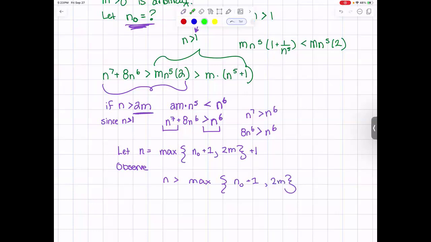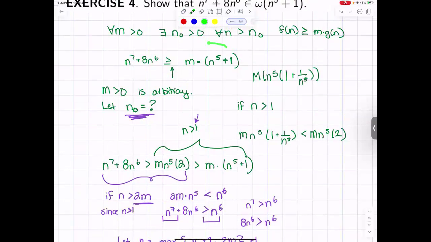And then at this point, since we know that n is going to be greater than n naught plus 1, we know that this entire term is strictly less than this term right here.